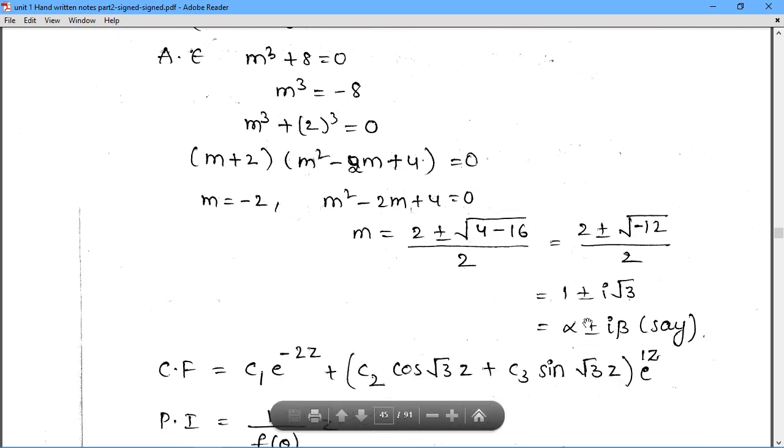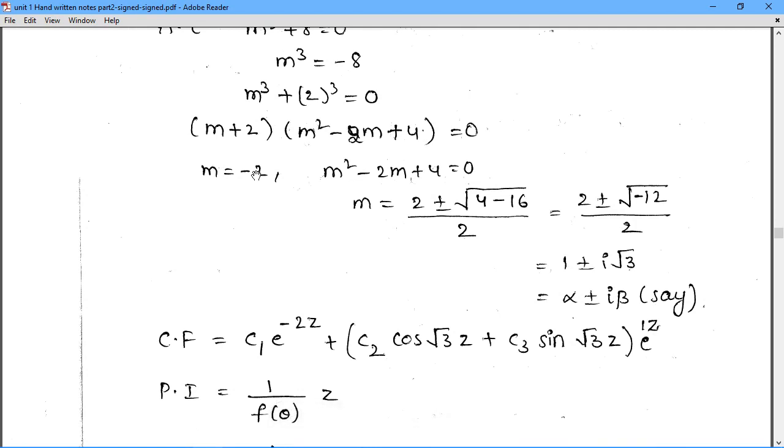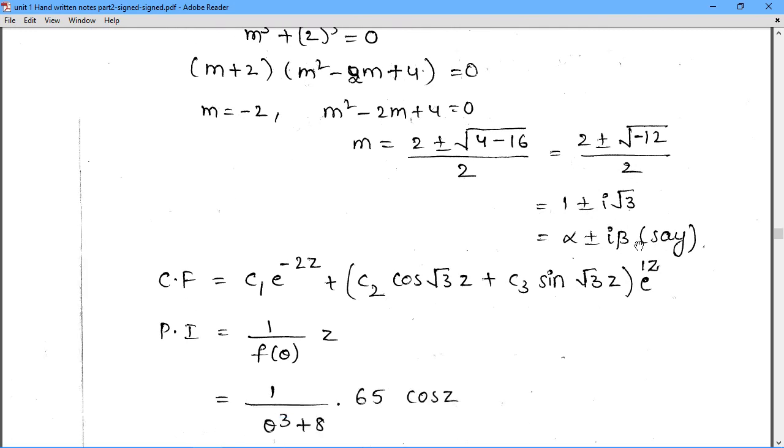So using this, we will have one root real and distinct, and the remaining two roots are imaginary roots, conjugate complex numbers of the form alpha plus or minus i beta. Alpha is 1 here and beta is root 3. So substituting these values, we will get c1 e power minus 2z for the distinct real root, and c2 cos beta z plus c3 sin beta z whole bracket into e power alpha z.